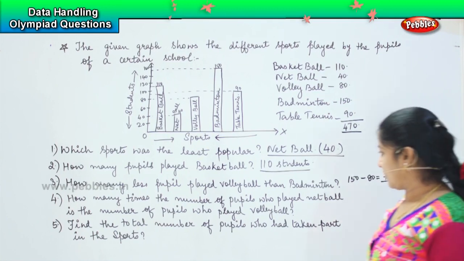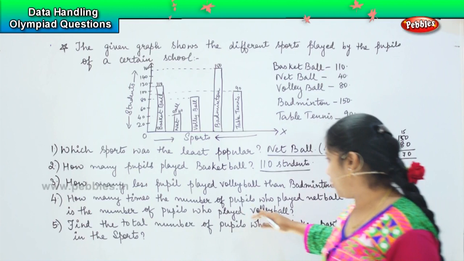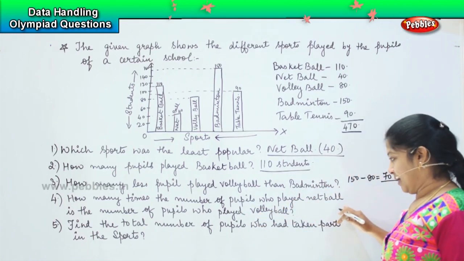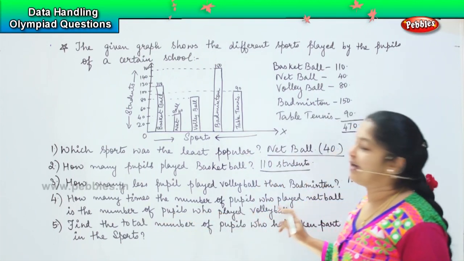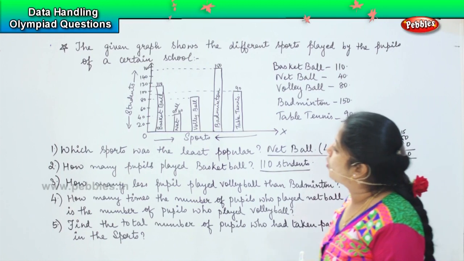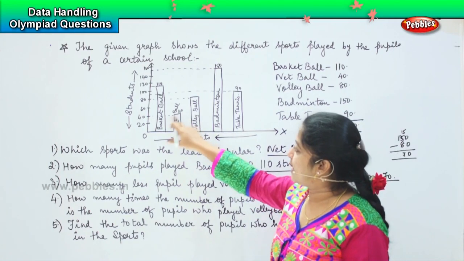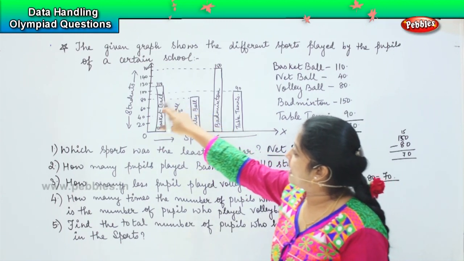Okay. The next question, how many times the number of pupils who played netball is the number of pupils who played volleyball? So which means how many times more? So we know that netball is played by 40 children and volleyball is played by 80 children.